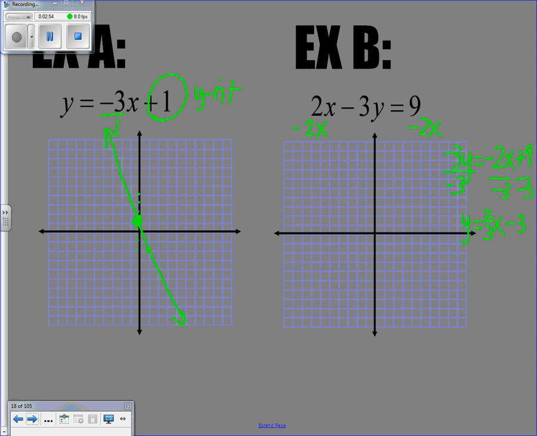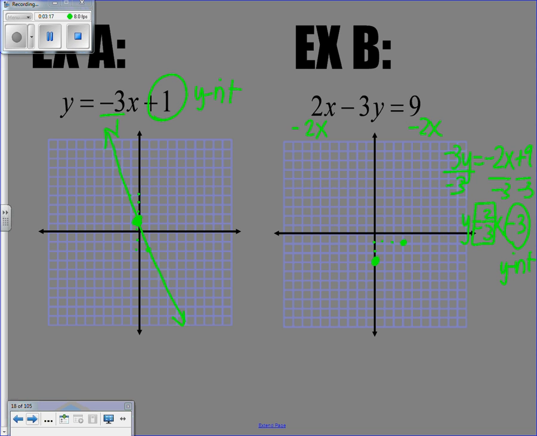So now I can see that my y-intercept is negative 3. That's the number at the end always. So I'm going to go down negative 3 and put my first point. Then I know that my slope over here is a 2/3. That's positive. So from my y-intercept, make sure you're always starting right there. I'm going to go up 2 and then to the right 3.